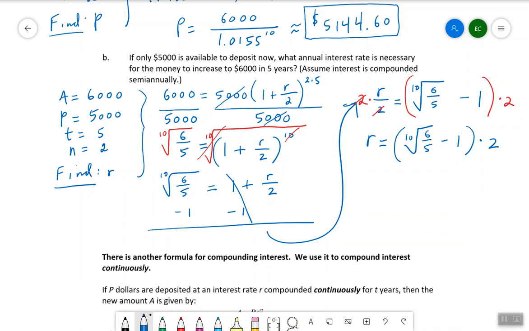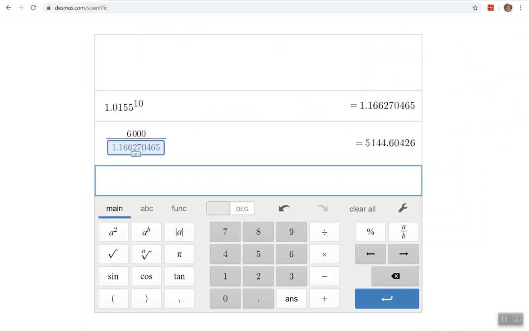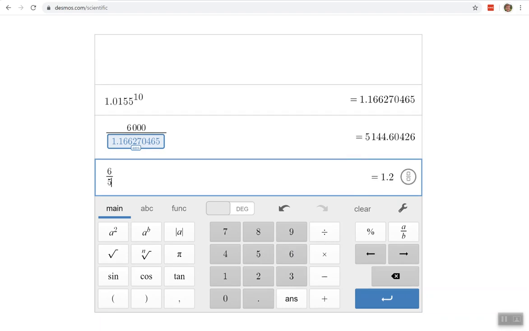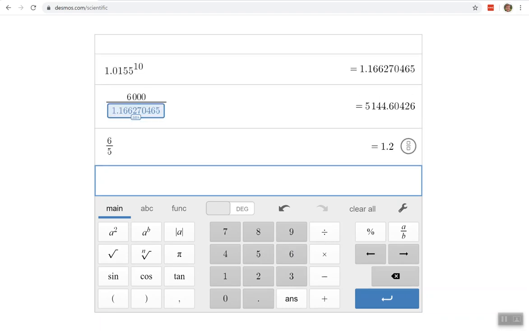So let's go to the calculator and practice one more time on that. We can type in 6 divided by 5 for starters. That would be 1.2. And then we need to take the 10th root of 1.2. So there are two ways to do it.